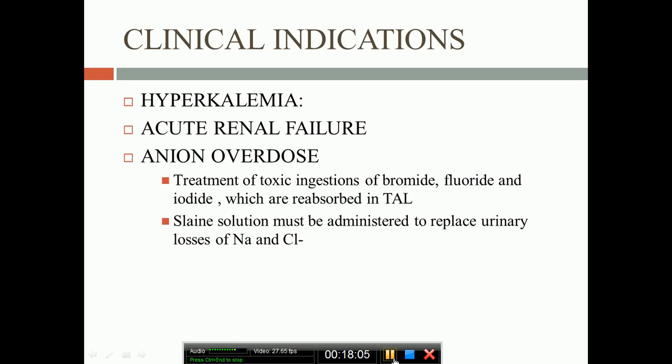As for the clinical indications, loop diuretics are predominantly used to treat edema, edema of different causes. What is edema? Edema is the accumulation of extracellular fluid.